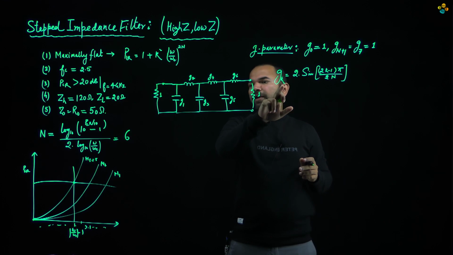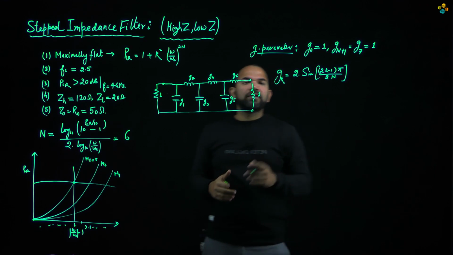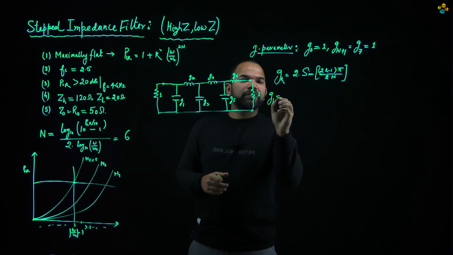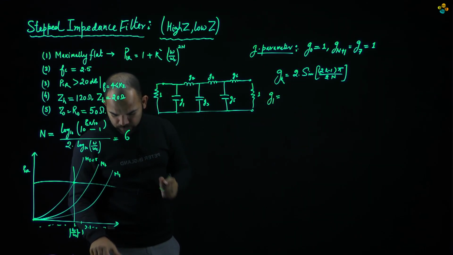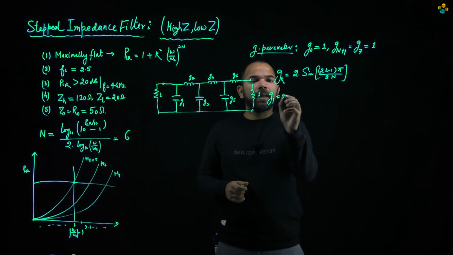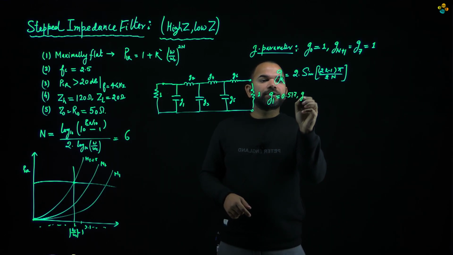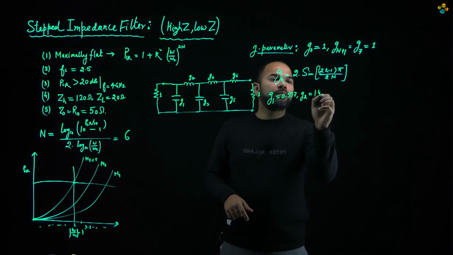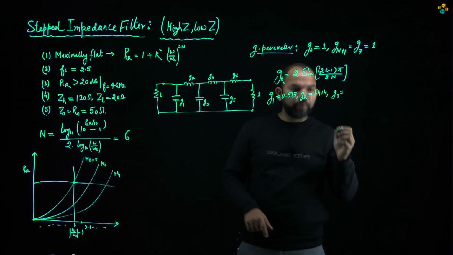So we need to put k equals 1, and we'll get the value for G1. I'm just writing down all the values from the solution because it's really simple. G1 comes out to be, after evaluating this, 0.517. G2 comes out to be 1.414, and G3 is 1.932.